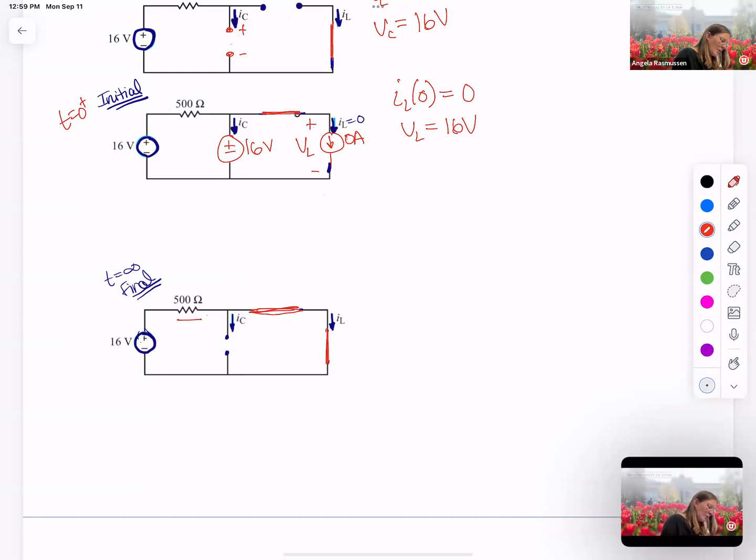And so to make sure my polarities are right, I can just do a loop. Plus 16 minus IL times 500. And so 16 over 500 is 32 milliamps.